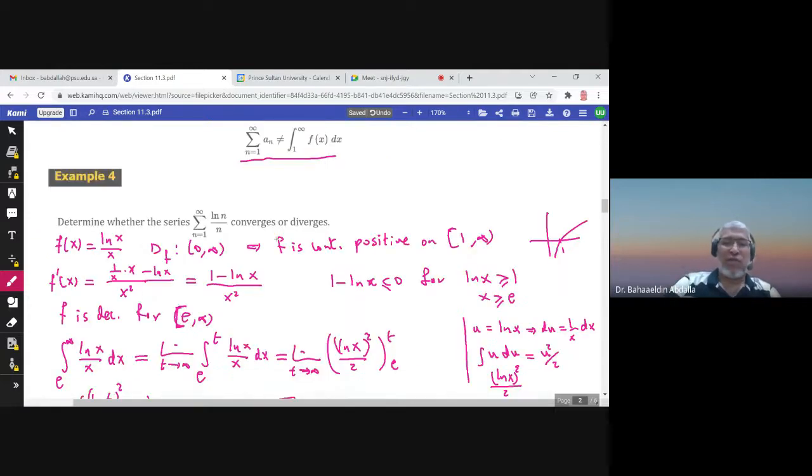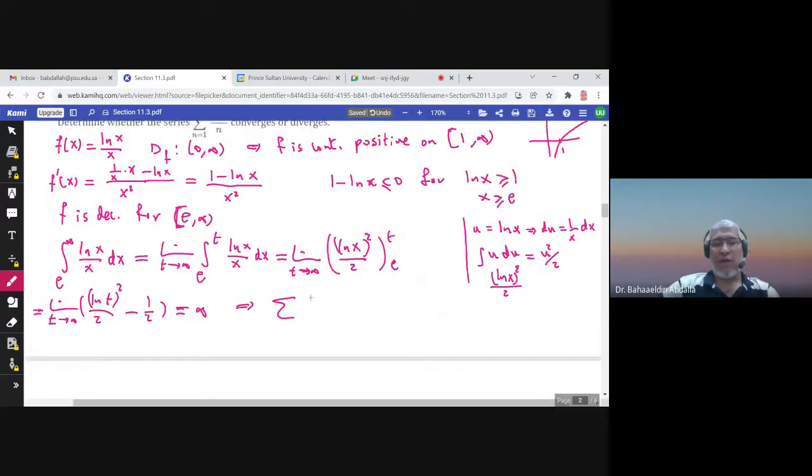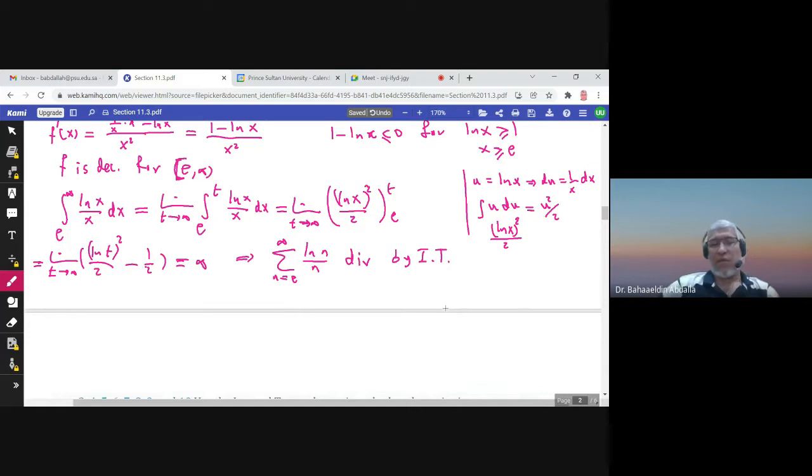So the series ln n over n from e to infinity diverges by the integral test. So the series from 1 to infinity of ln n over n also diverges.